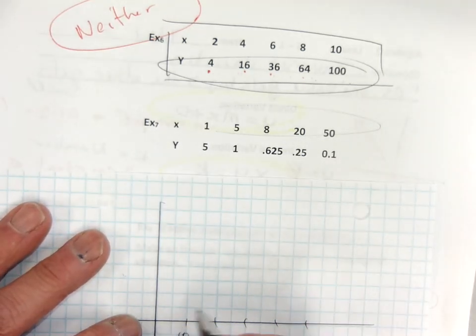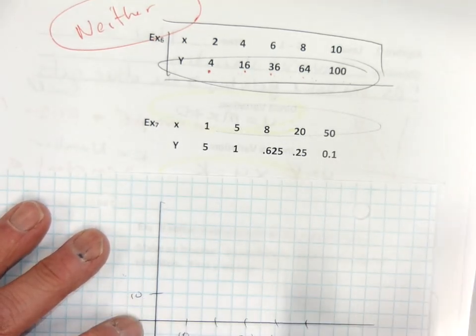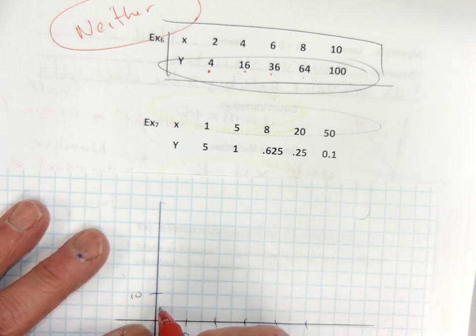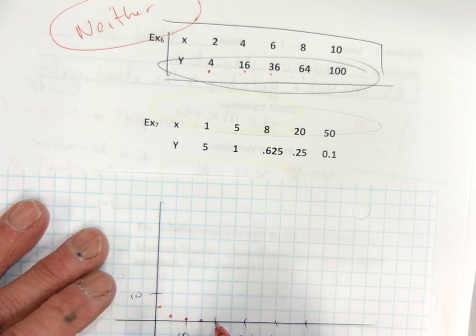Here's 10. It doesn't go much bigger than that. I got 1 and 5, which is about there. I got 5 and 1 is about there. I got 8 and 0.625, this looks weird. I don't know. Neither.